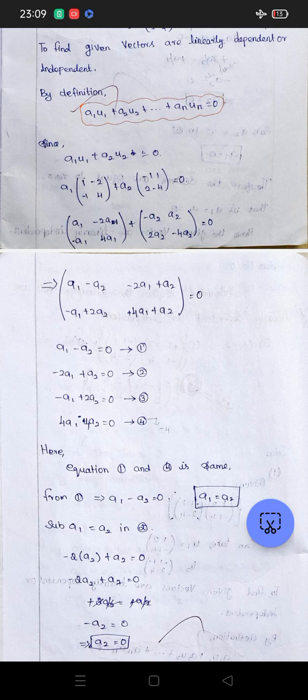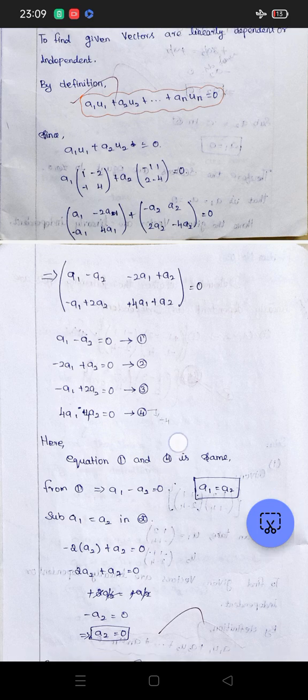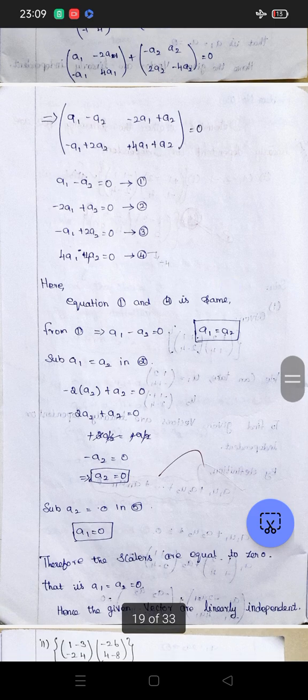Converting it to equation form: a1 minus a2 is equal to 0, 2a1 plus a2 is equal to 0, minus a1 plus 2a2 is equal to 0, 4a1 minus 4a2 is equal to 0. Solve equations number 1 and 4. Equations 1 and 4 are the same, because the fourth equation divided by 4 gives a1 minus a2.